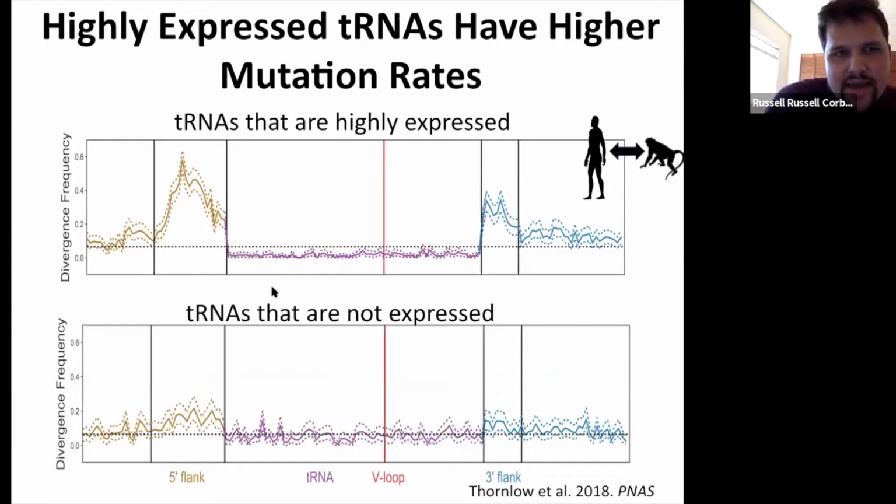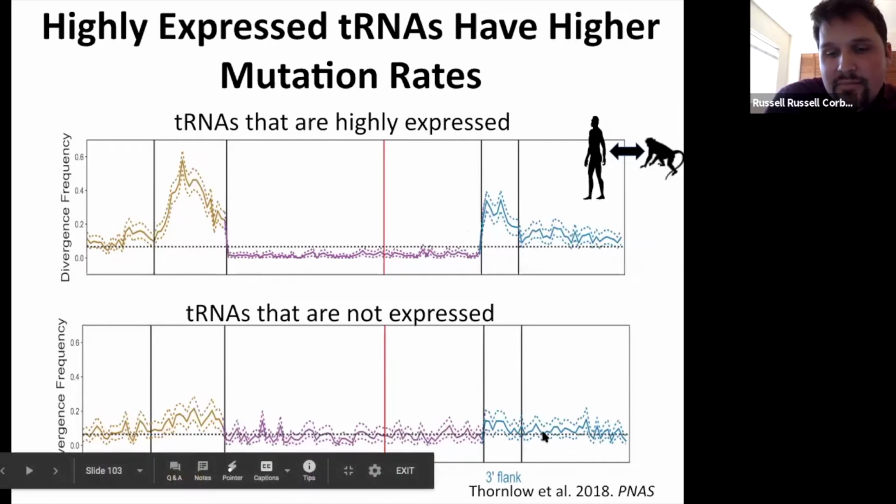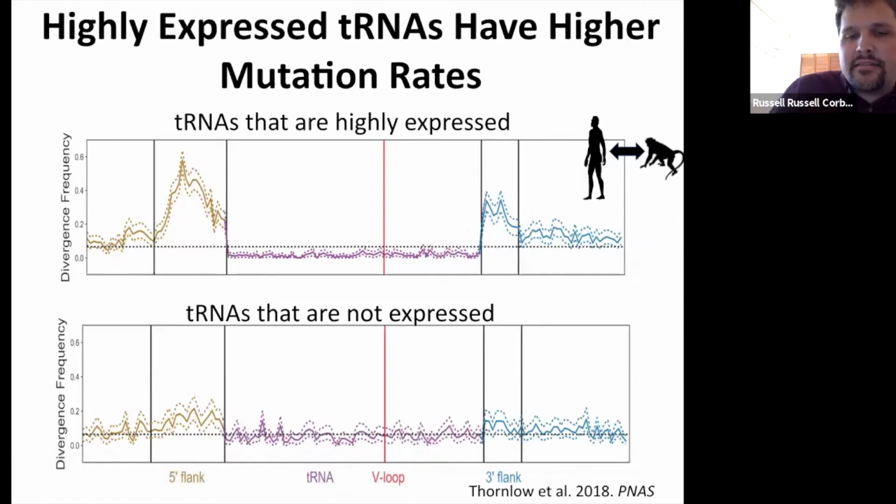And what you can see is that the pattern is even more distinct if we do this, where the tRNA is much more strongly conserved within the highly expressed genes. And then the flanking regions are even more highly divergent, again, within the highly expressed genes. And across the non-expressed tRNAs, you see that the divergence is almost exactly the genome-wide average, more or less. We do see a slight excess of divergence in the 5' and 3' flanks, which I would suggest just means I haven't done a perfect job of subdividing the tRNAs. But regardless, this is very strongly consistent with the idea that transcription-associated mutagenesis in particular is driving these hugely elevated rates of mutation at tRNA genes.